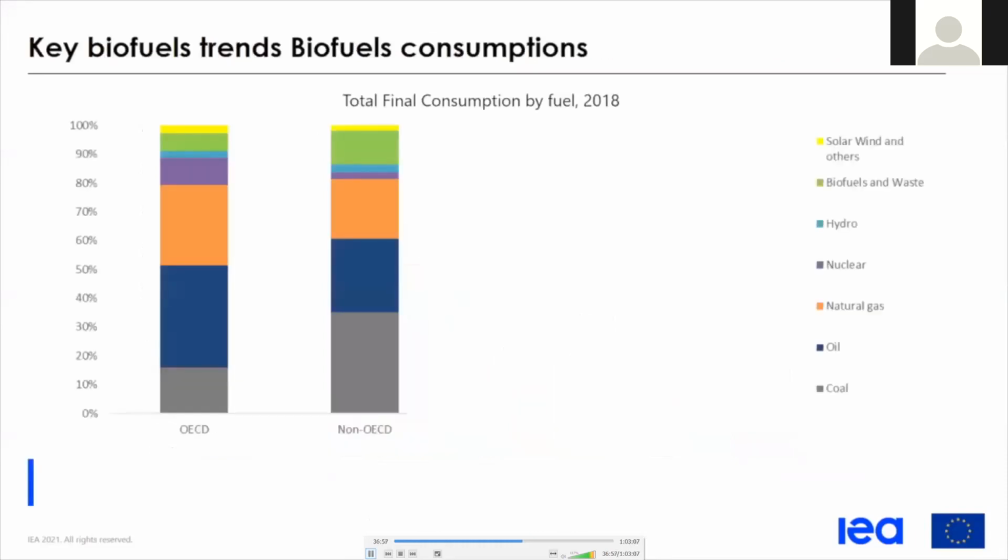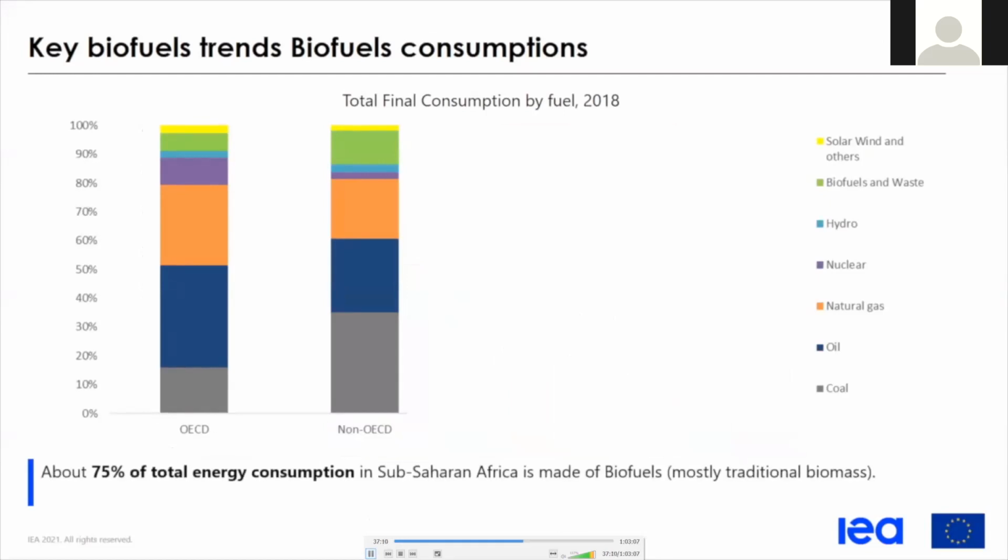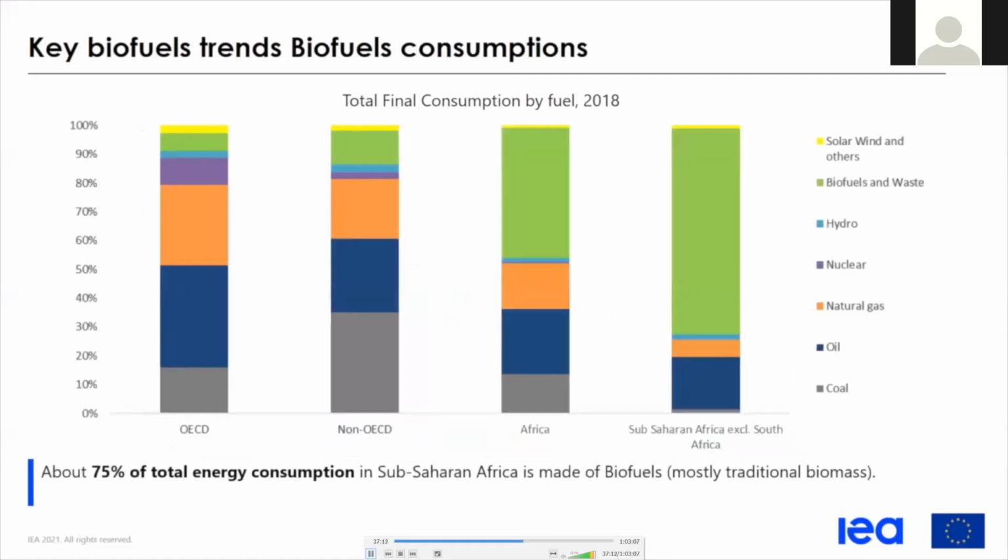Now we focus a little bit more on the biofuels part, which are, as we said before, important in Africa. So here is a reminder of the previous slide we showed before. In Sub-Saharan Africa, around 75% of total energy consumption is made of biofuel and mostly traditional biomass.